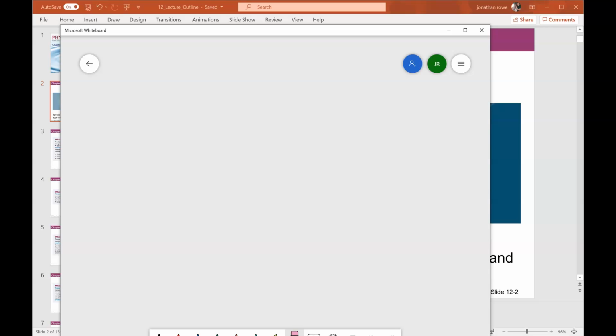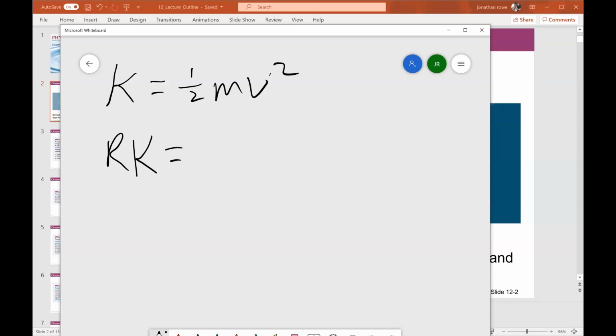Watch me work my fancy surface pen. You know how kinetic energy was equal to 1/2 mv squared? Well, rotational kinetic energy, which I'm not sure the letter for, is 1/2, and instead of mass, there's something called the moment of inertia, which is the rotational equivalent to mass.